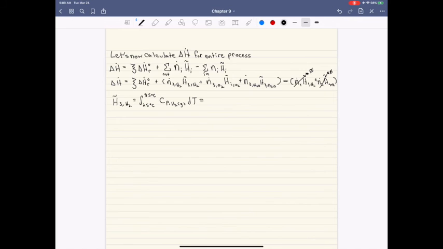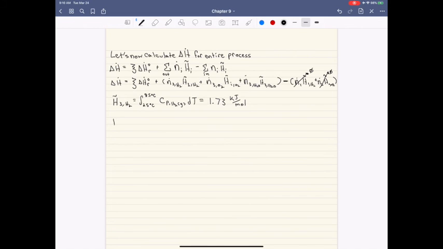I won't write out what the full form of this integral is, because if you look it up in the back of the book for the gases, it's a really long polynomial. So I'll just tell you the final answer. Once you integrate it, you should get a value of 1.73 kilojoules per mole.